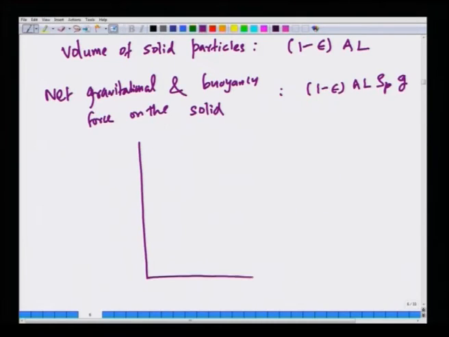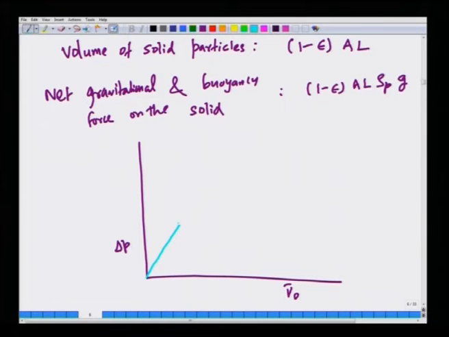if you do a thought experiment, I am going to plot delta p versus the superficial velocity. Initially, when you increase the superficial velocity, you will find that as per the packed bed relation, the delta p will be directly proportional to velocity if the Reynolds number is low.